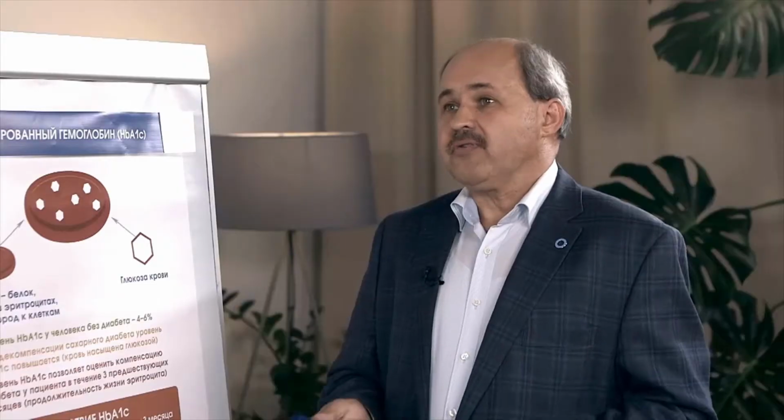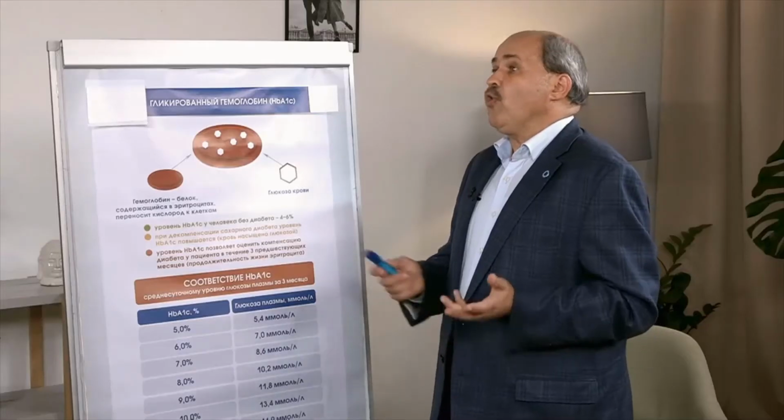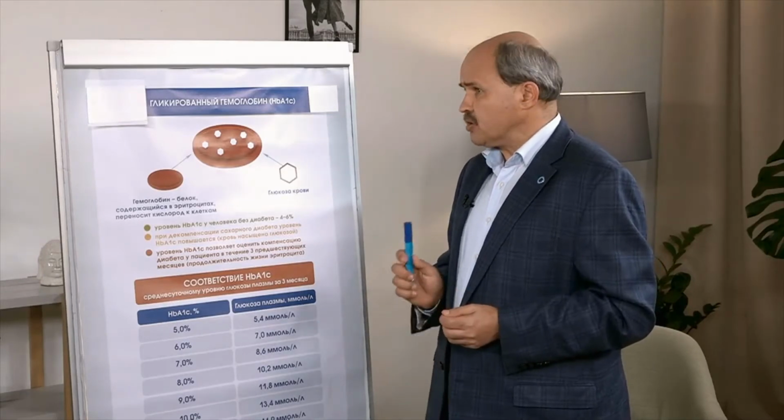Hemoglobin is the stuff that carries oxygen in blood. Indeed, since childhood, everybody knows that there's a substance in our blood called hemoglobin. It is located in red blood cells, RBCs, and its main task is to carry oxygen to body tissues. It is regular hemoglobin tested in the complete blood count.